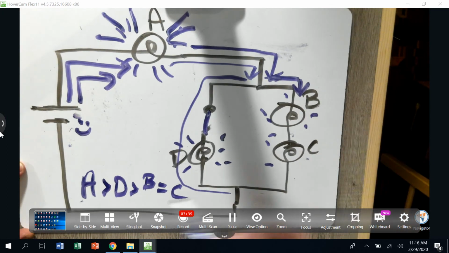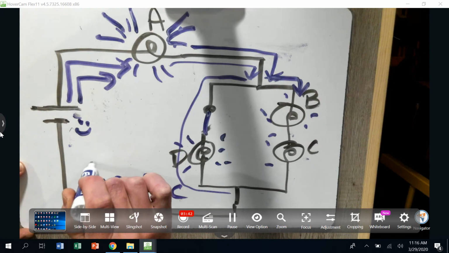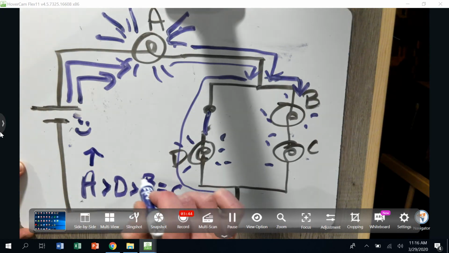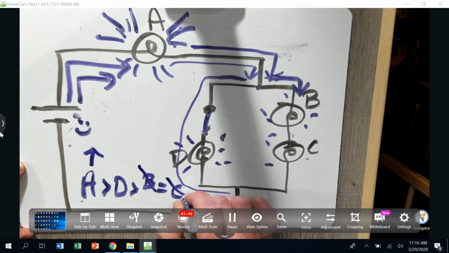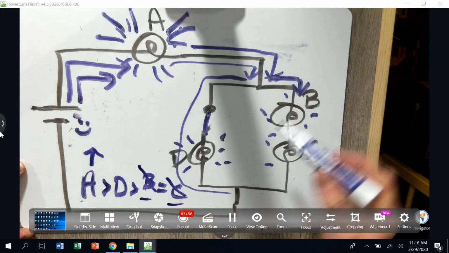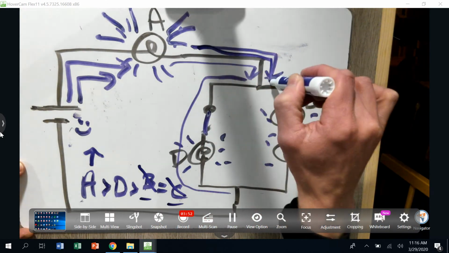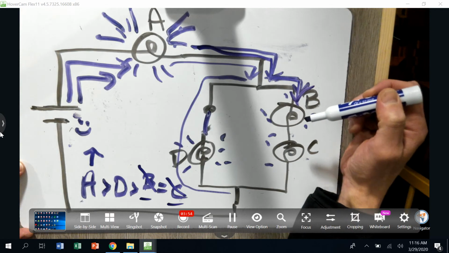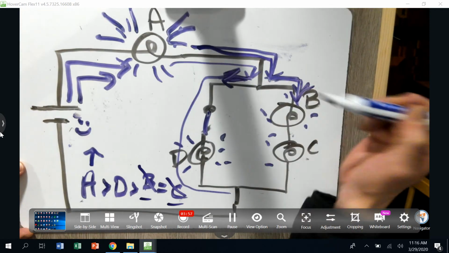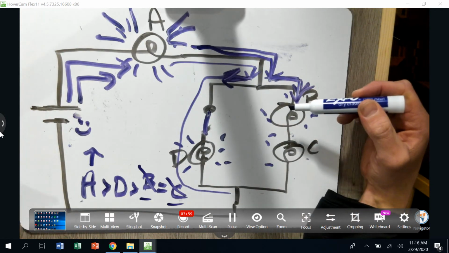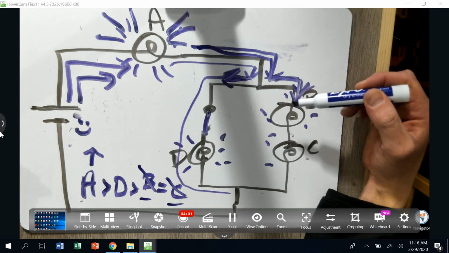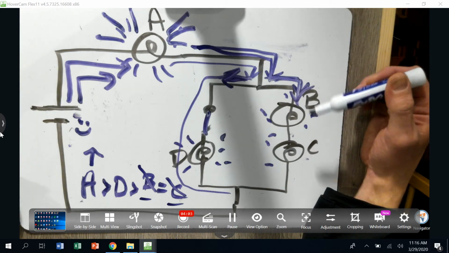Now if I were to compare, we said what happens to A when I turn the switch on, A got brighter, but I can't necessarily answer what happens to B or C when I turn the switch on. It's one of those situations where now there's more current, but B only gets a share of it. Okay? It has to share some of that the other direction. So it's a problem of, is less of more a larger amount than all of less?